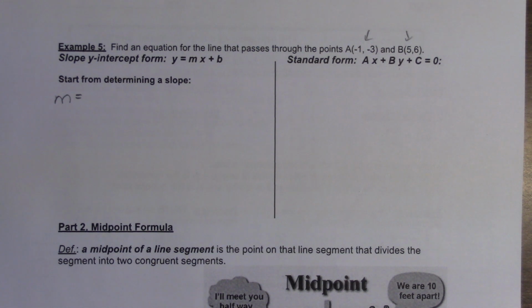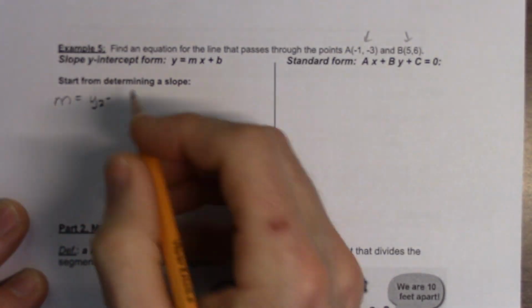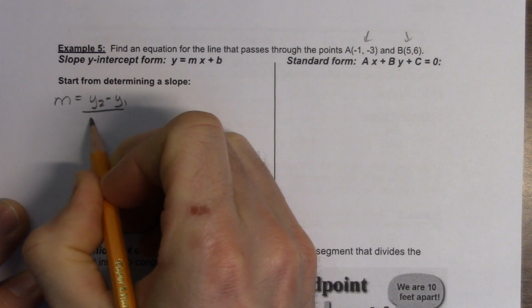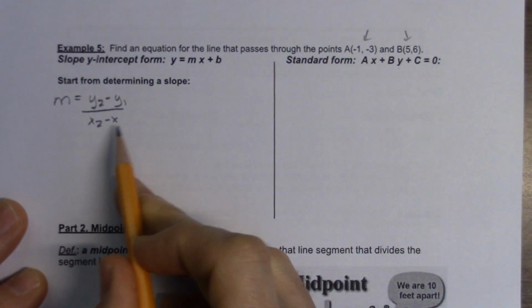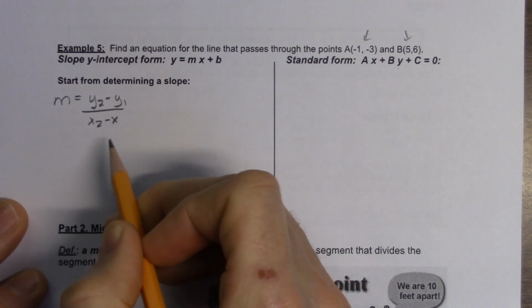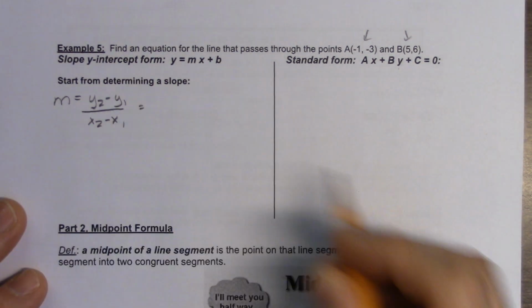m equals y2 minus y1 over x2 minus x1, not y1 but x1. Okay. Alan, keep going.